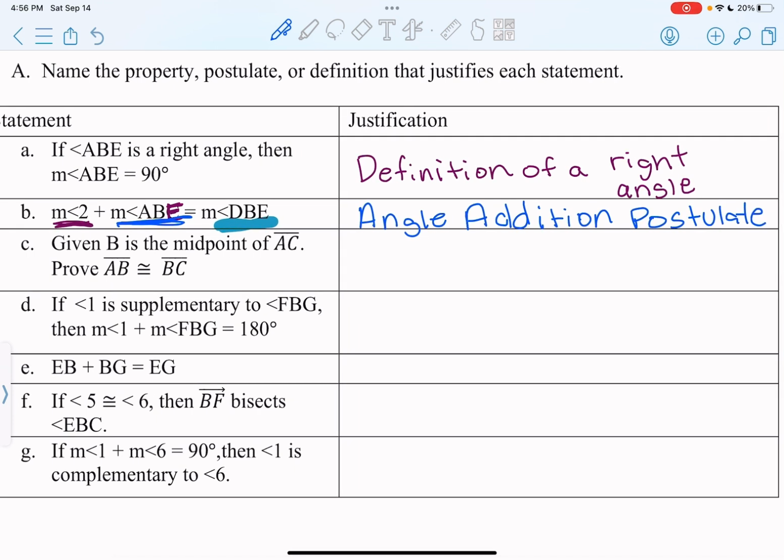Next, given B is the midpoint of segment AC, prove that AB is congruent to BC. Remember, this is the congruent symbol, which means the same measure or the same length.